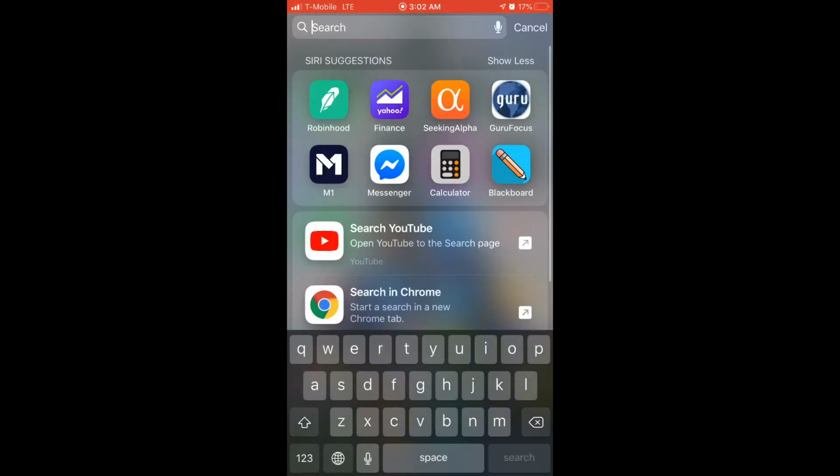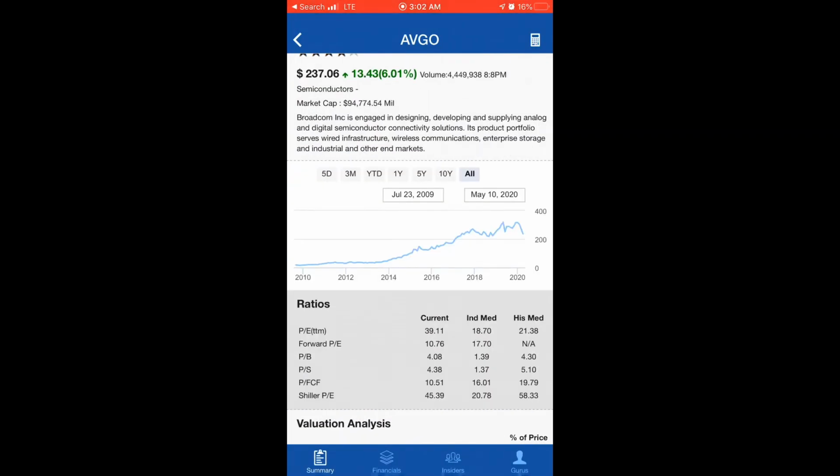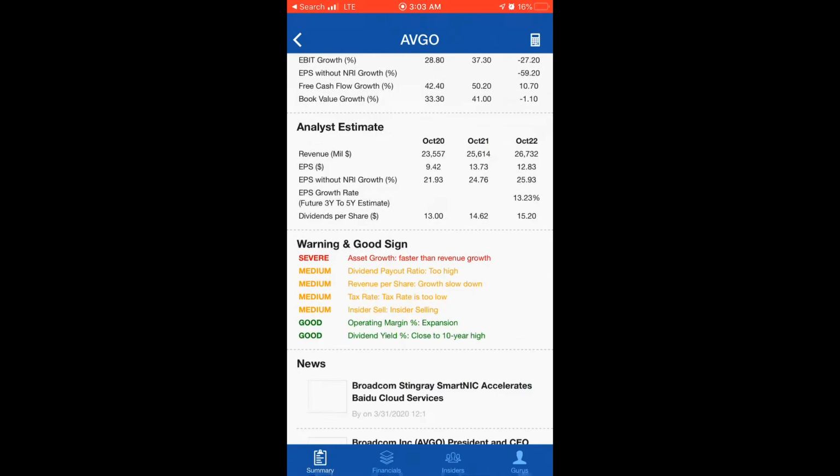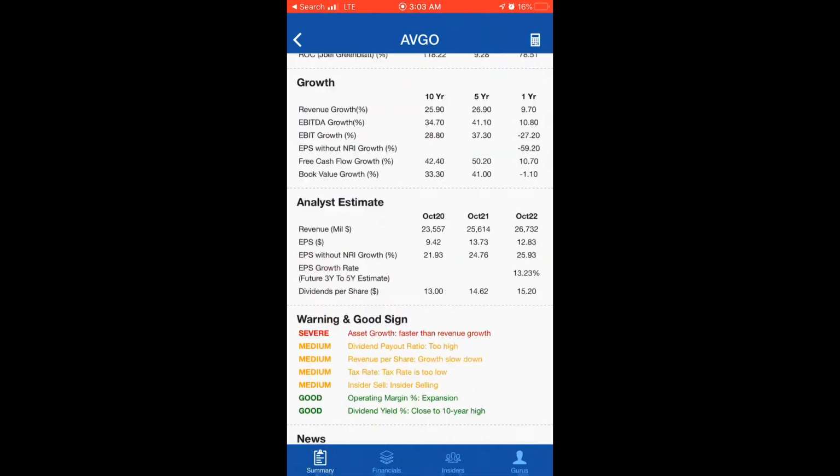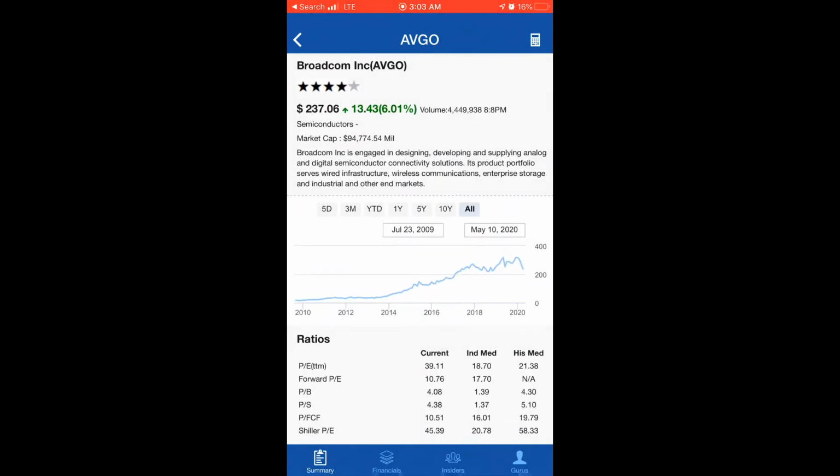One thing I like on Guru Focus, it's not available on the cell phone, but on the desktop version, they have a tab that says DCF calculator, a discounted cash flow calculator, and that can help you calculate the intrinsic value of the company with a margin of safety, because that's what you want.